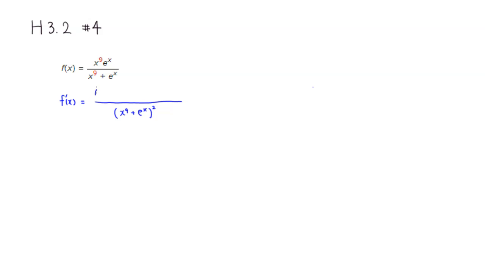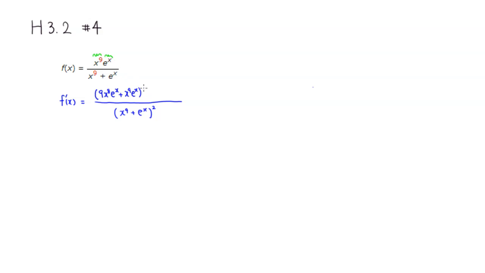When you take the derivative of the top, we have to use the product rule because this is the first guy times the second guy. So the derivative of the first guy is 9x to the 8th, times the second guy, e to the x, plus the first guy, x to the 9th, times the derivative of e to the x, which is e to the x again.